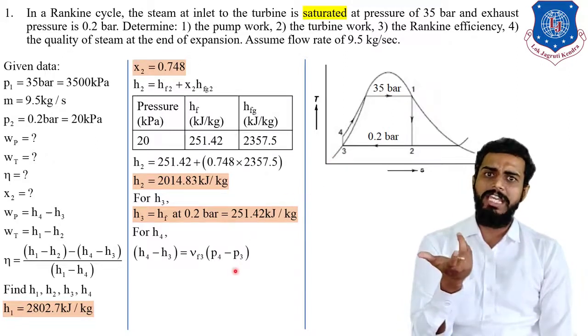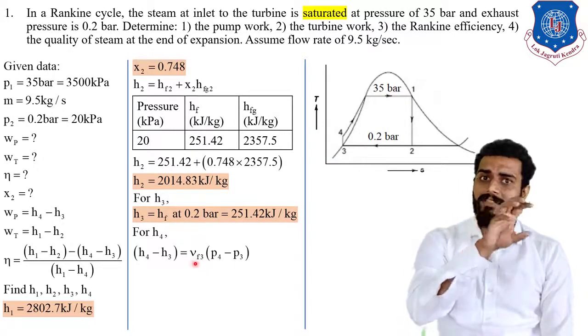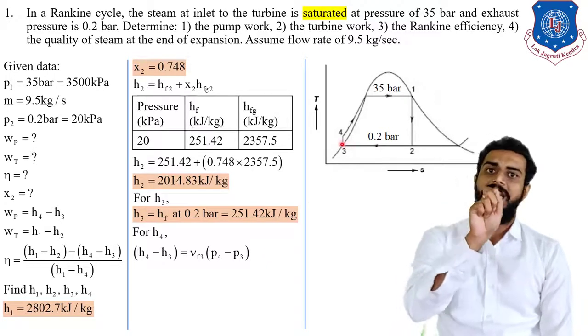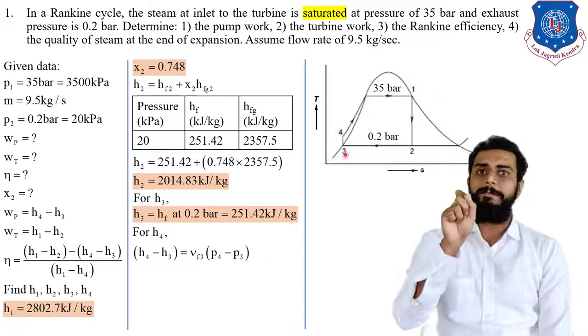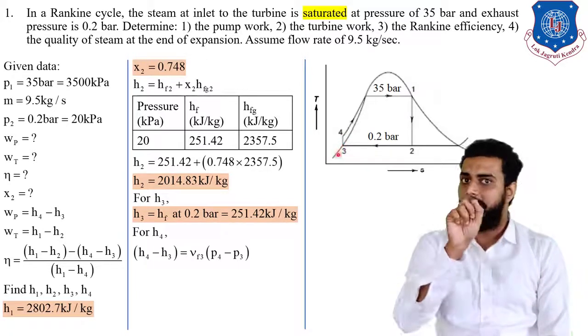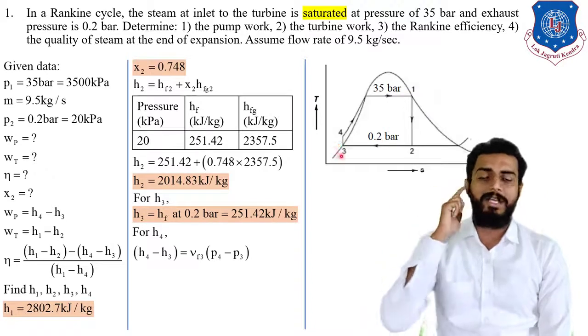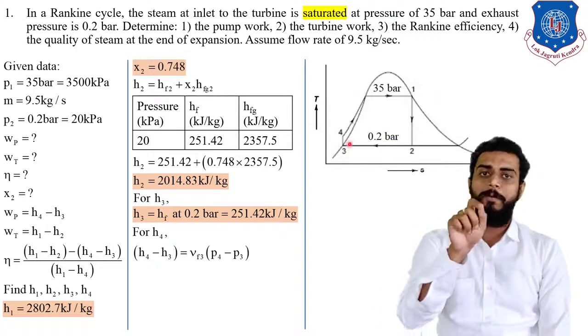Now what is VF3, sir? VF3 is nothing but the specific volume of saturated liquid at point number 3. Corresponding to point number 3, the pressure is again 0.2 bar.